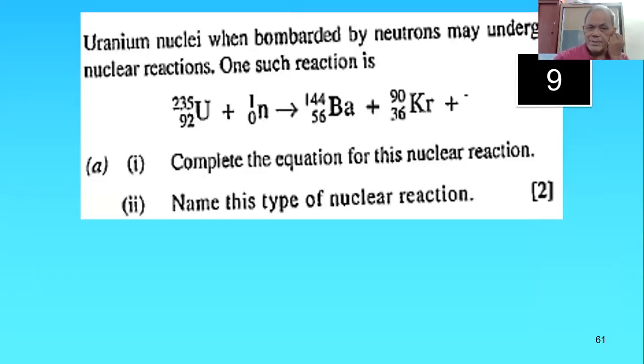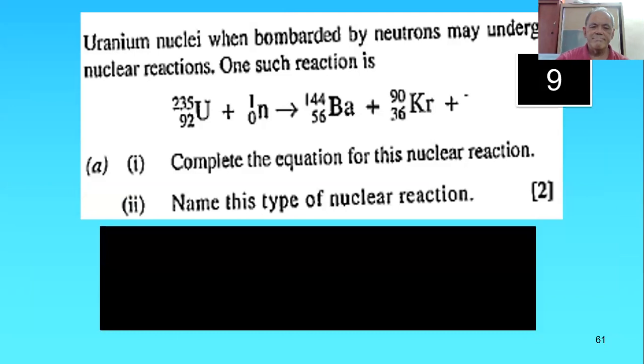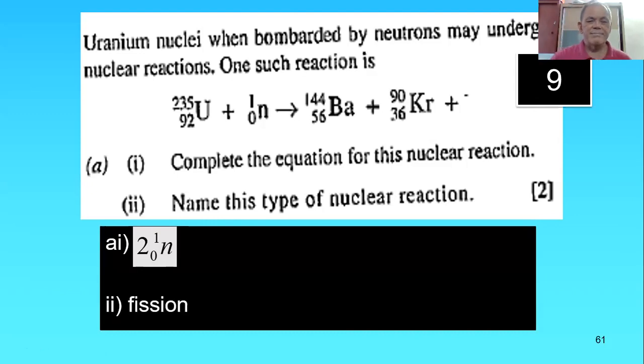Okay, let's try one more. Uranium nuclei, when bombarded by neutrons, may undergo nuclear reaction. Okay, this is your AS work. You should be able to write the nuclear reaction and then determine what the unknown is, two neutrons. And then it's straightforward. It's a nuclear fission reaction.